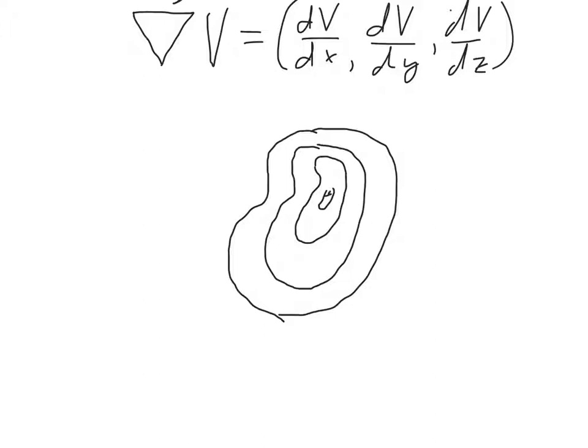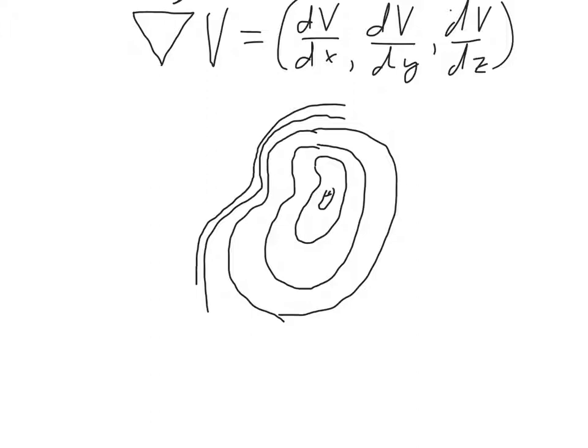And what is the gradient of this function? The gradient is simply it tells me how steep the hill is at any particular point. Let me add a couple more. If it's particularly steep, the topographical lines will become closer together.